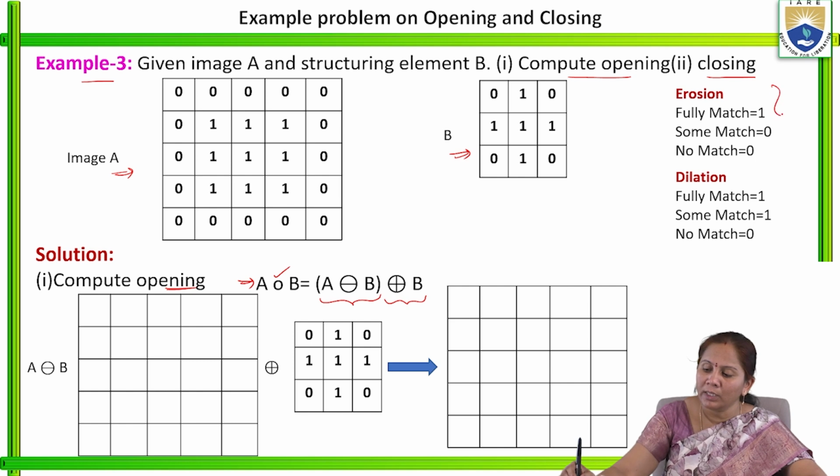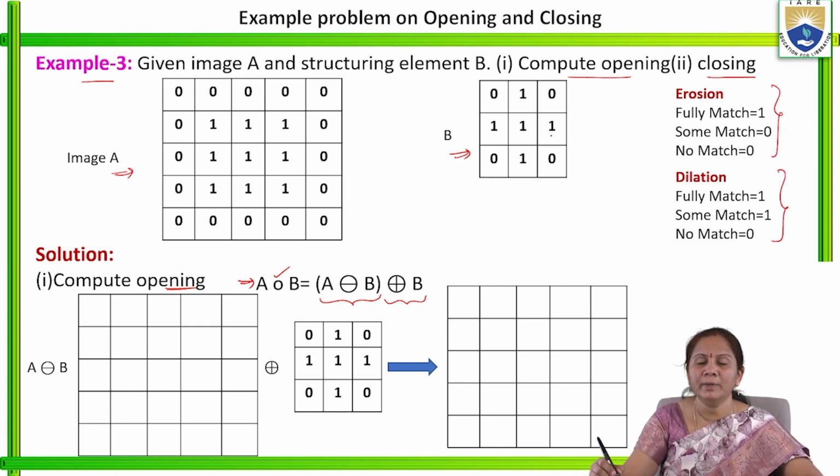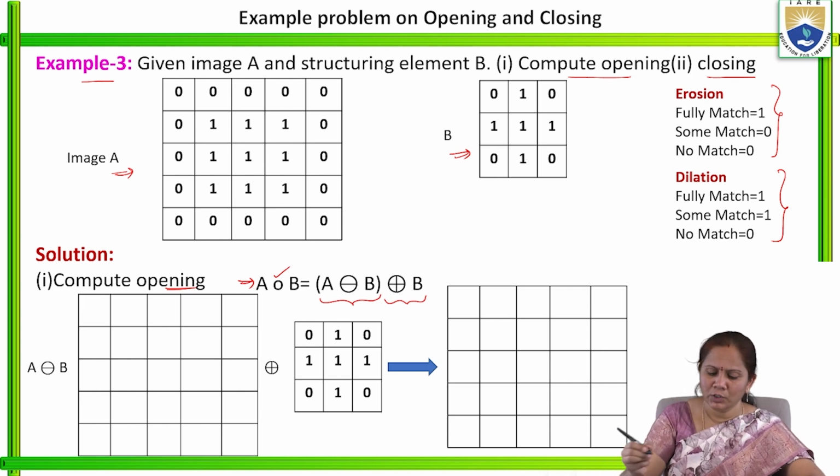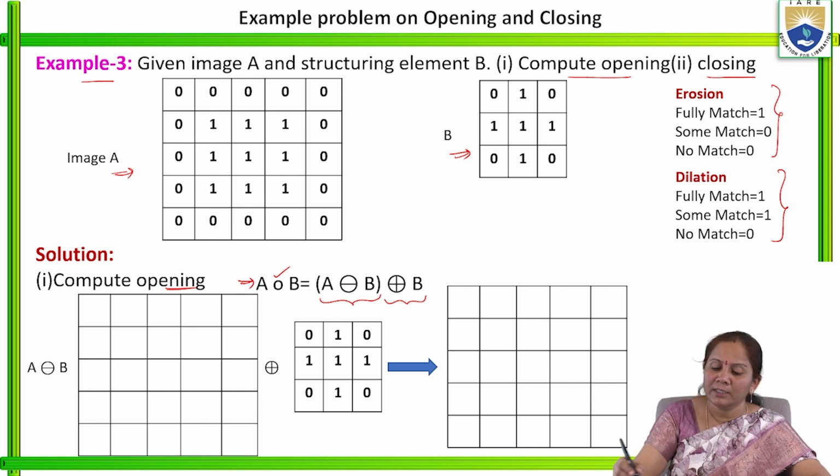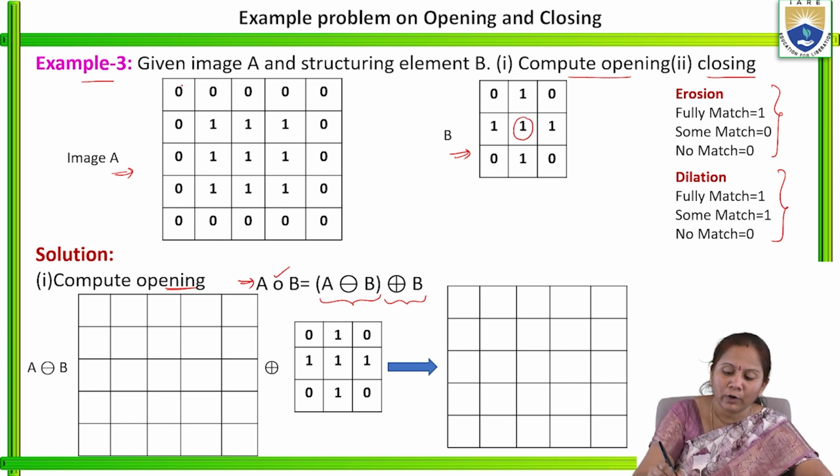And we know what are all the conditions for erosion and dilation, and here the structuring element given is 3 by 3. So if we place the mask, for example, one row we will discuss. How to place here, this is the origin of the structuring element. So if we want to find this pixel value and place it here, we have to place this on the image.